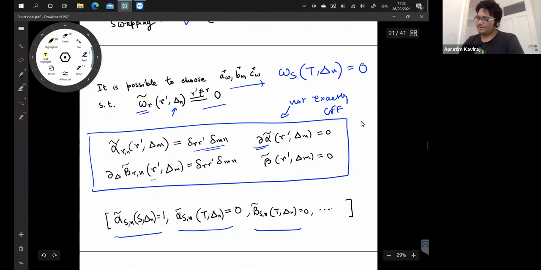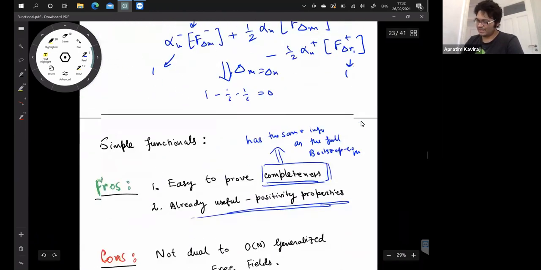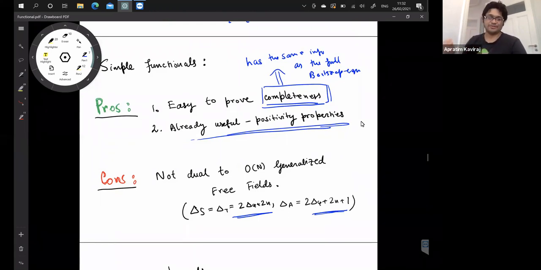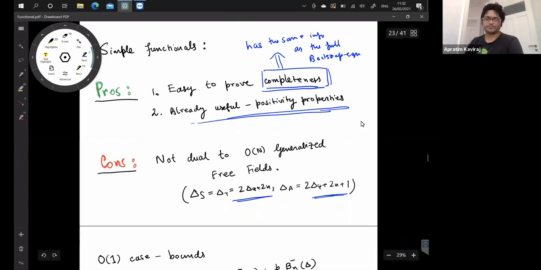Because for ON GFF you must have double trace operators like this in the singlet and traceless channel, and odd double trace operators in the antisymmetric channel. But what these simple functionals do is that they are orthogonal for all traces, symmetric, antisymmetric, and singlet, all in the even double trace operators, which is not ON GFF. So this is one little problem that we have, but nevertheless, we can still use them. They're still good functionals.